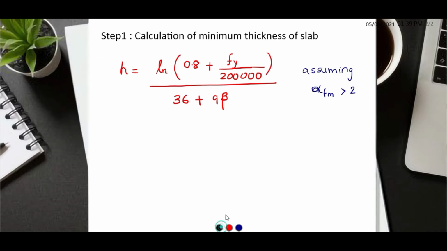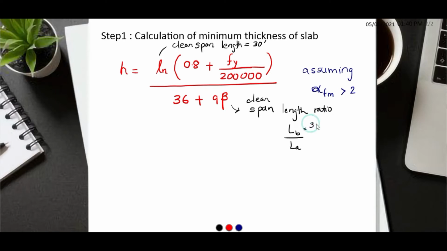Now what is Ln here? It is the clear span length, which is equal to 30 feet here, and this beta is the clear span length ratio, LB over LA.